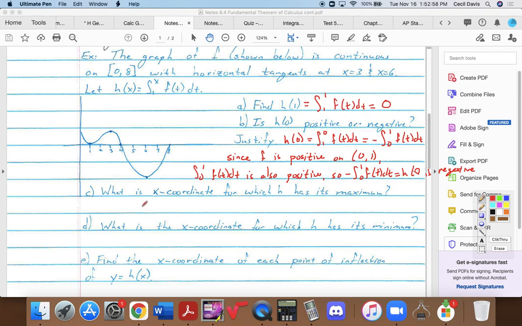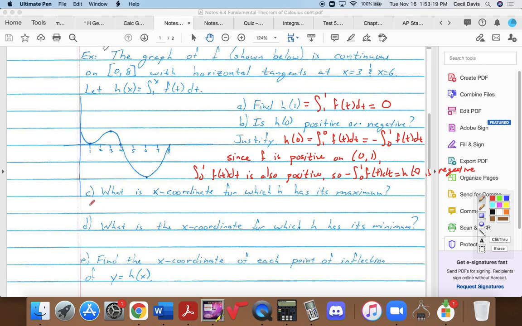All right. Now, what is the x-coordinate for which h has a maximum? Forget about this being defined as an integral. Just think back to when we were trying to find maximums and minimums. What is it that we did? We looked for critical points by taking the derivative, right?